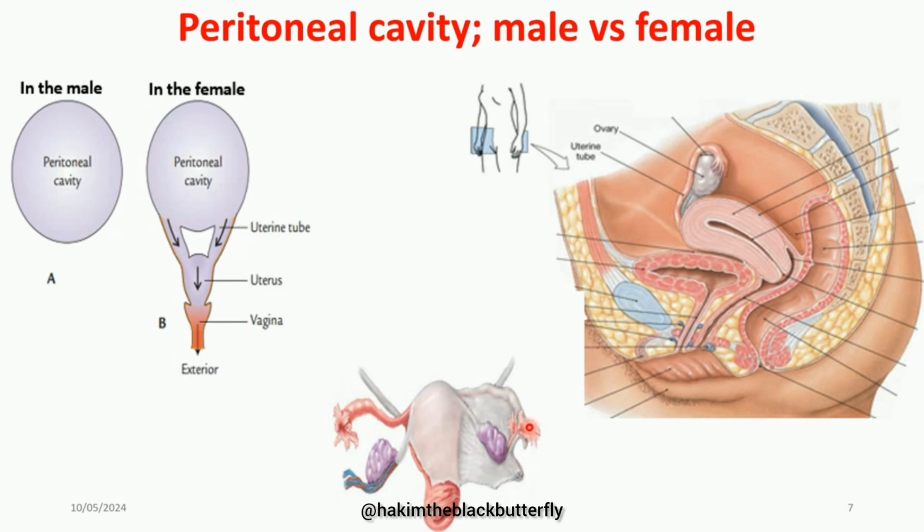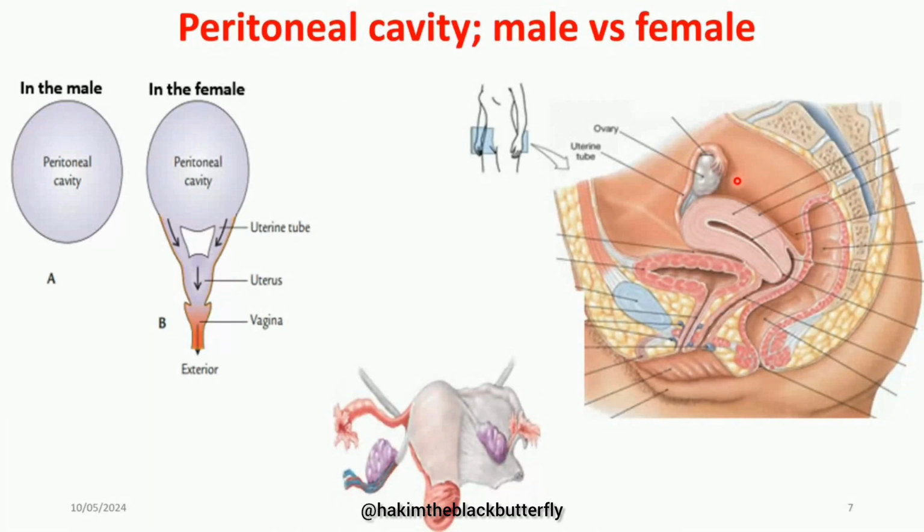You all know that the tubes have these ends that we call the fimbriae. These fimbriae are going to be having contact with the ovaries, but also these fimbriae are going to be opening. You can see the mouths are opening into the space here, which is the peritoneal cavity.